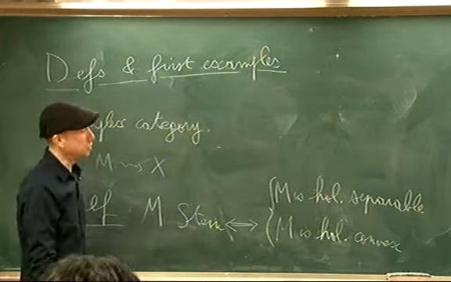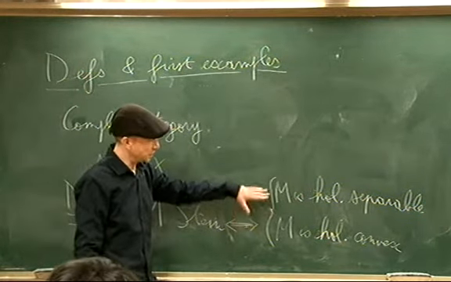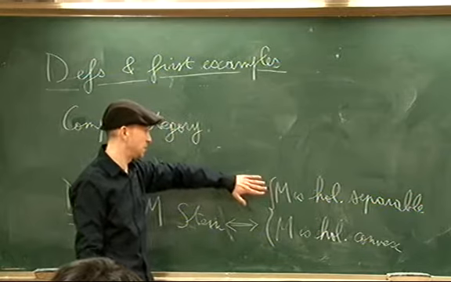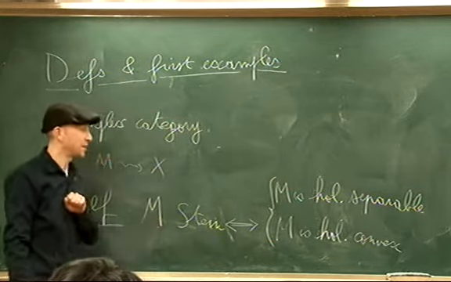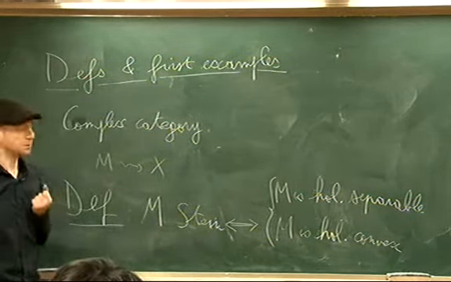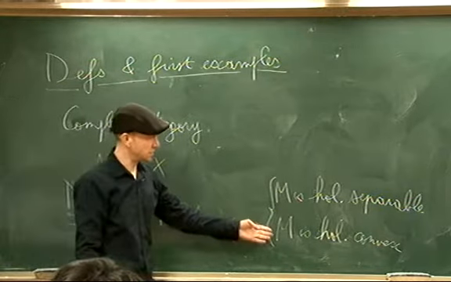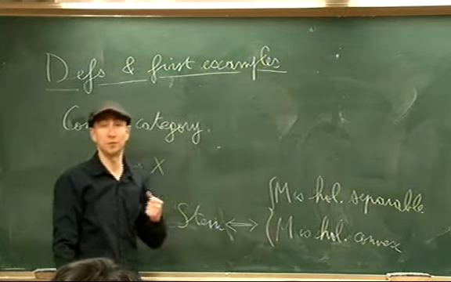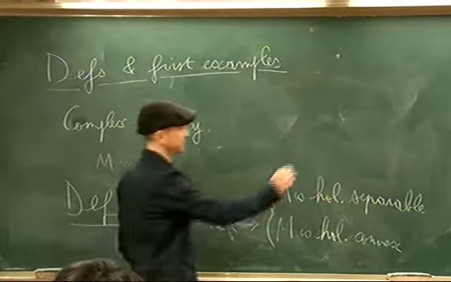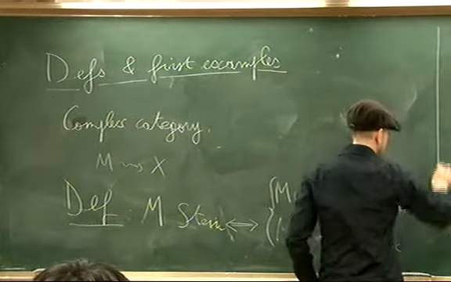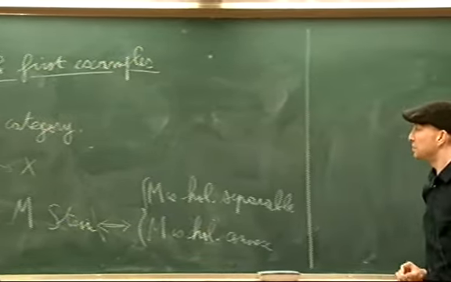So I'm going to give the precise definition, but already I can say that this, in a sense, is to say that M has many holomorphic functions, and this, in some sense, is to say that it doesn't have too many holomorphic functions. So maybe a little bit of notation.